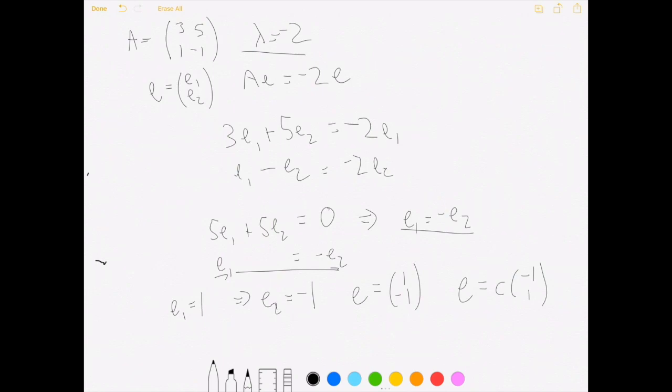Typically we choose C such that the size of E is 1, so that means it's normalized. So here we'll choose C equals 1 over root 2.